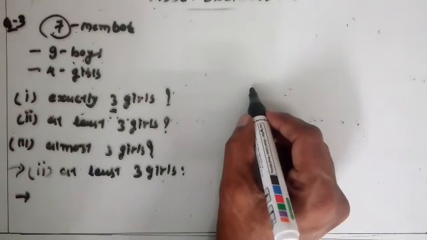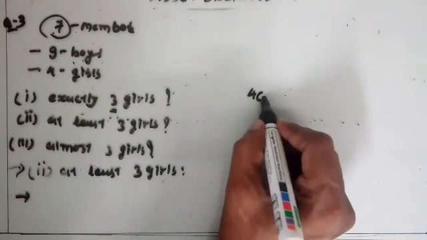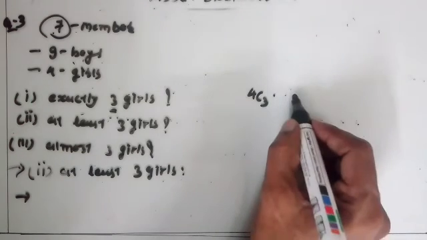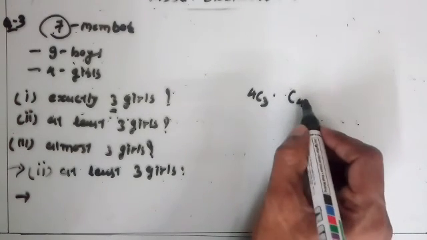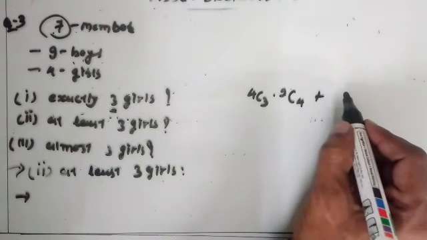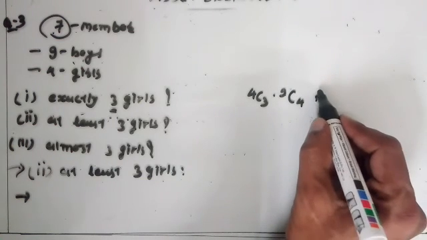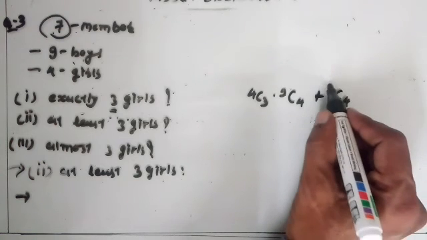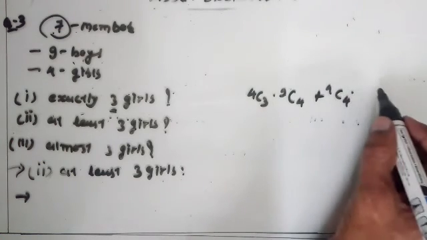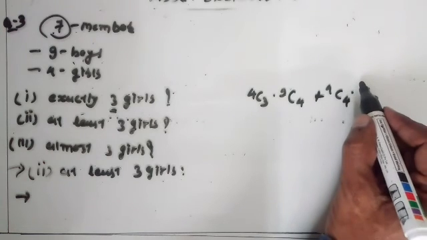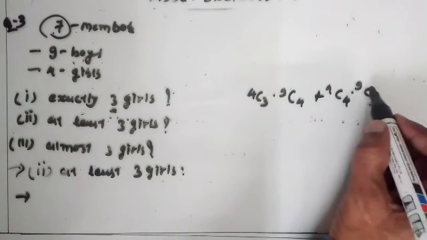So first we select 3 girls out of 4 girls and the remaining 4 out of 9 boys, plus, or that is a plus, select 4 from 4 and the remaining 3 persons from 9 boys.